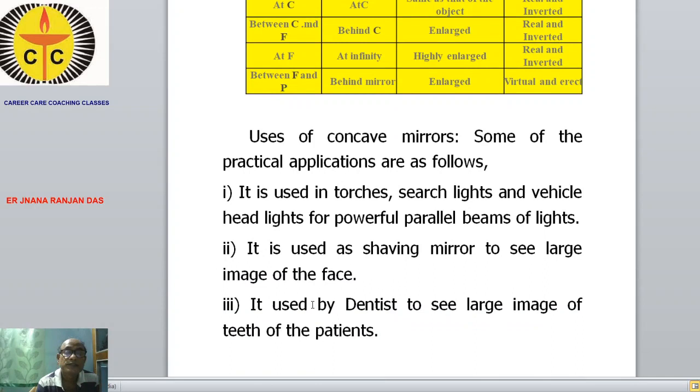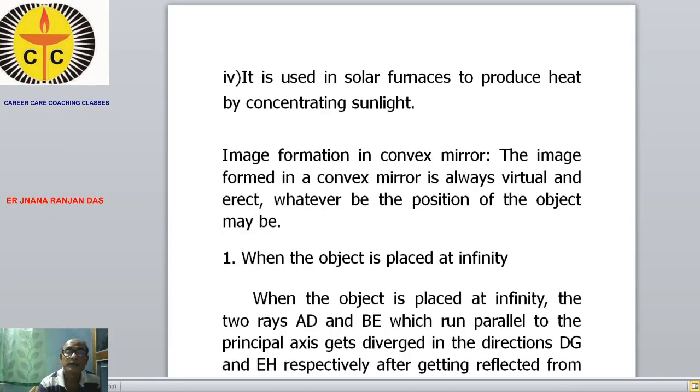Similarly, it is used by dentists to see a large image of the patient's teeth. Dentists use it for treatment. It is also used in solar furnaces to produce heat by concentrating sunlight.